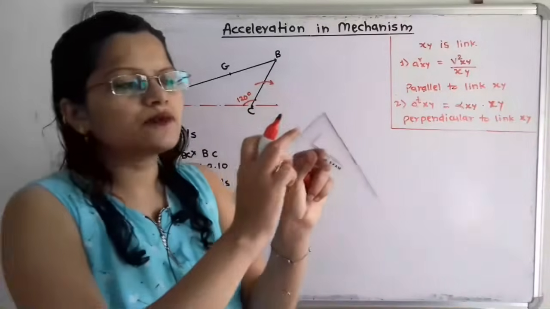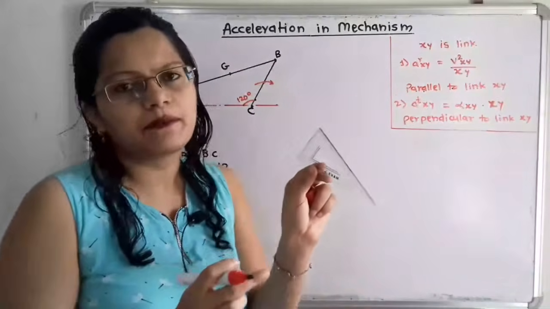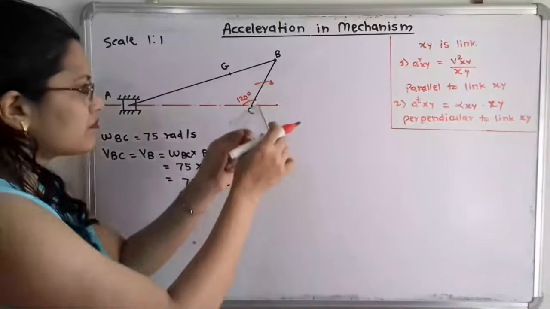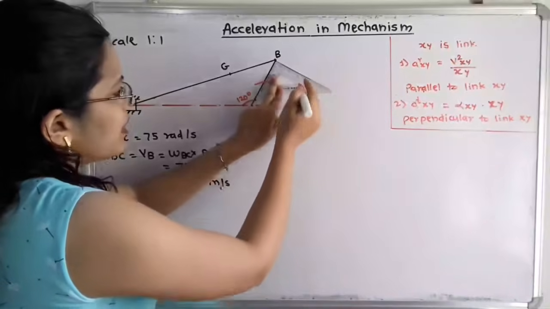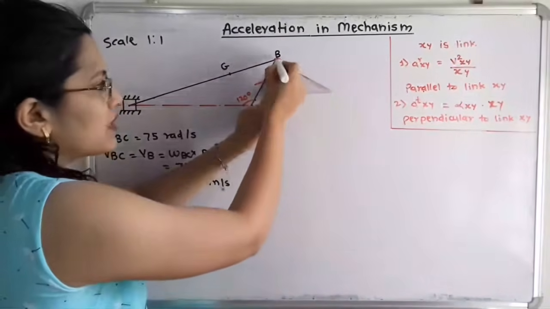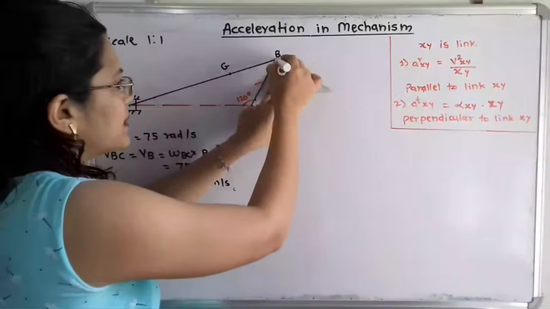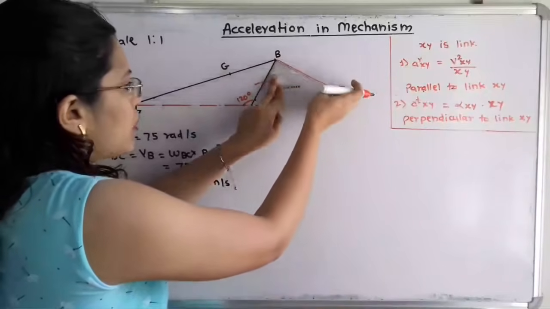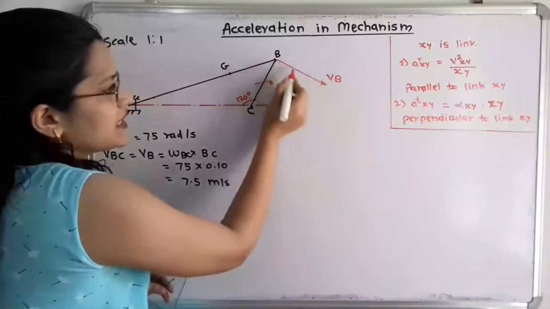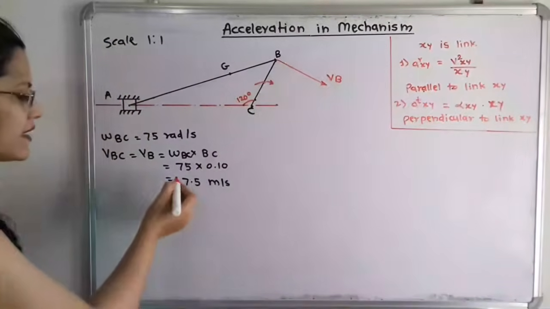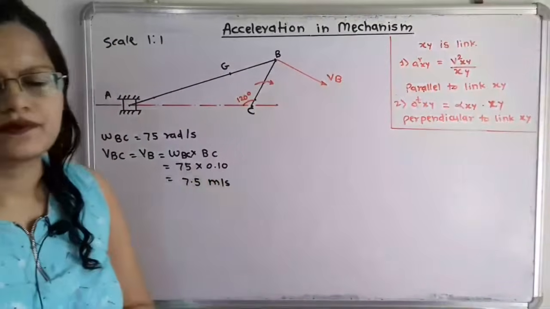I will use this protractor whose two edges are perpendicular to each other. I will align this link BC to one edge, and from the other edge I will draw one perpendicular line passing through this point B. Along this line there is the velocity VB. So this is the direction of velocity VB, and here is the magnitude.